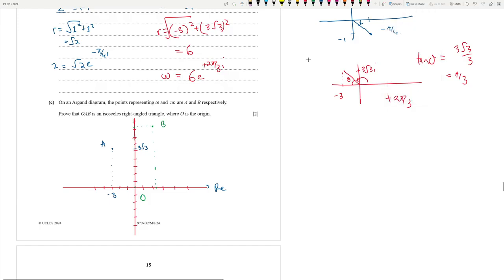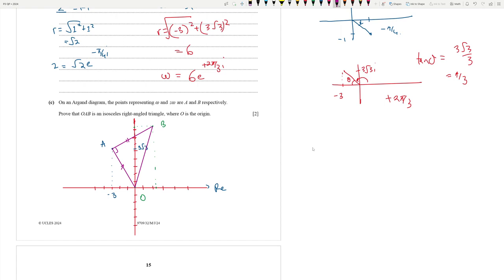So clearly, this is the right angle, and these are the sides which are equal.